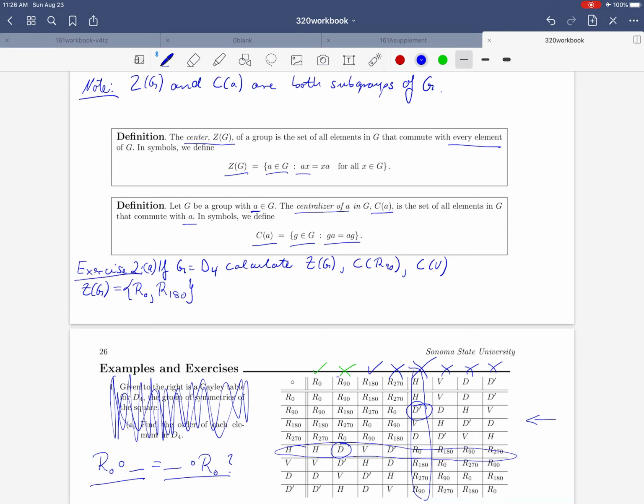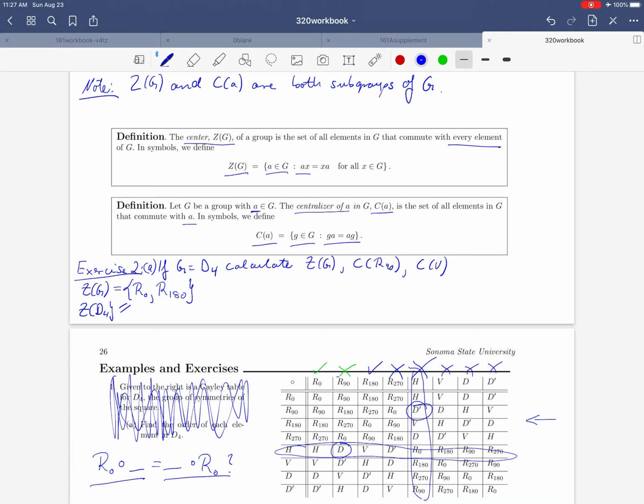So the center of our group D4 is just the set containing R0 and R180. Those are the two elements in D4 that commute with every other element. That is the center in our group of symmetries of the square.